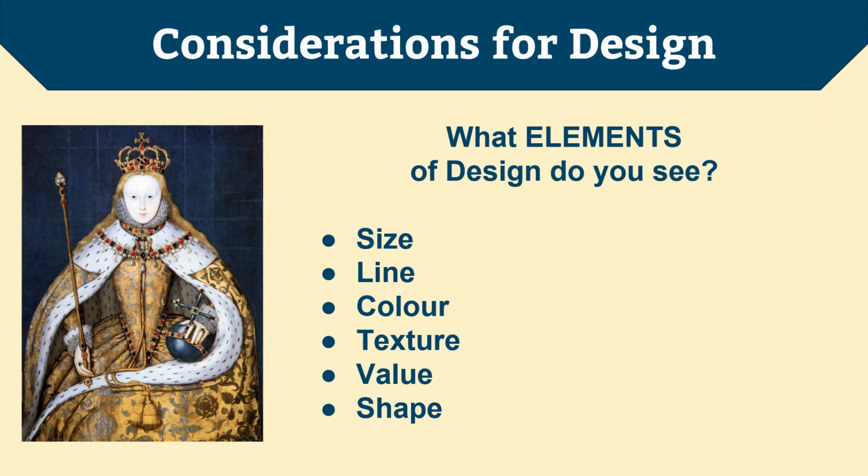Her face. Her face is white, so it talks about purity. She was known as the Virgin Queen, so it's all about purity, and you get pulled straight to that use of the face. How about the shapes that we have? She takes up the whole room. All of these design elements become very important.